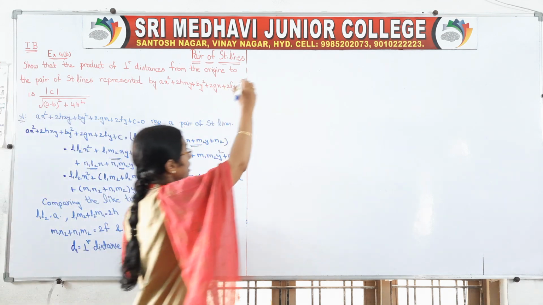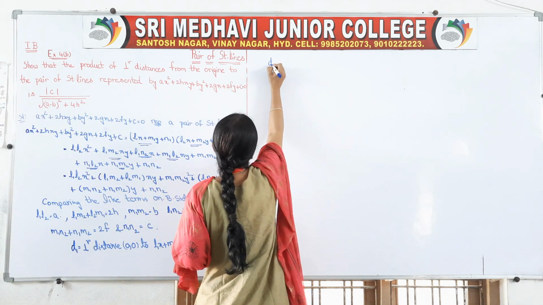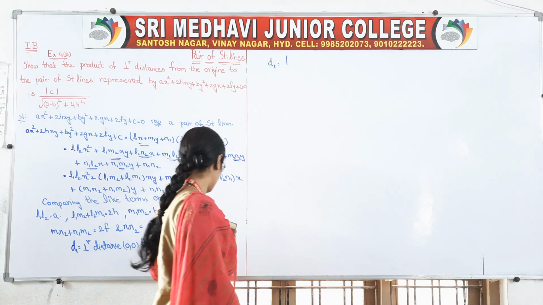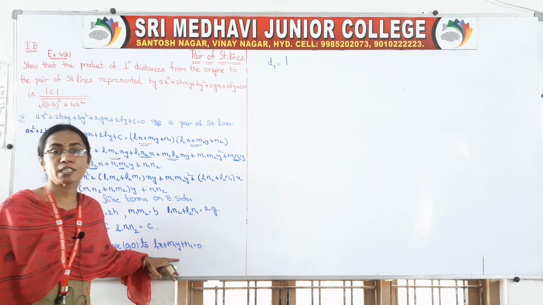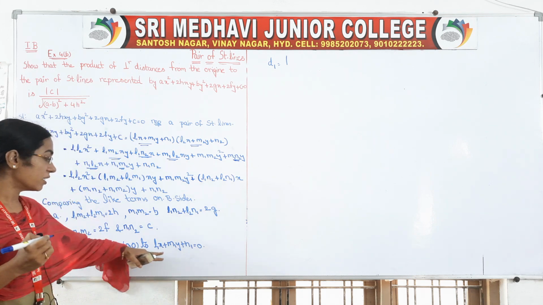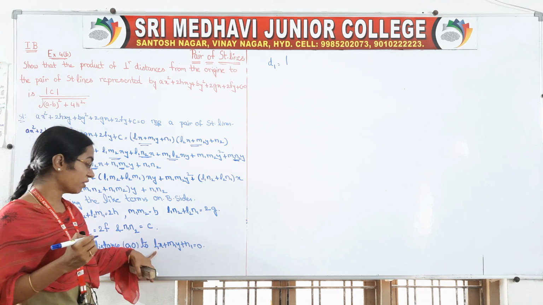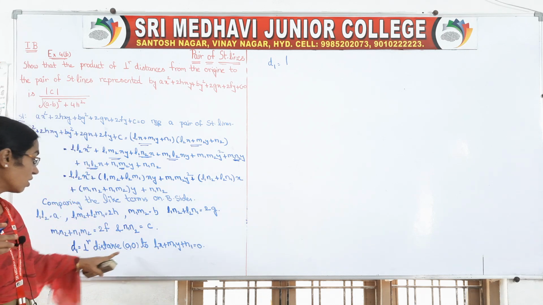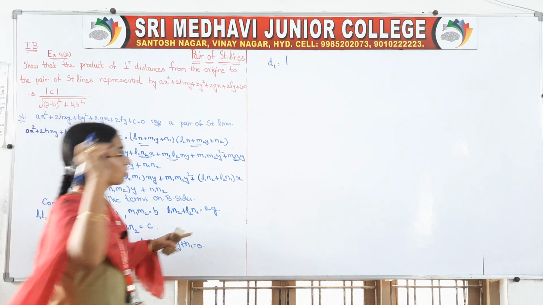You know the perpendicular distance formula, what is that? Modulus of ax naught plus by naught plus c by root of a square plus b square. Instead of abc, we are having L1, m1, n1. Instead of x naught, y naught, we are having 0, 0.